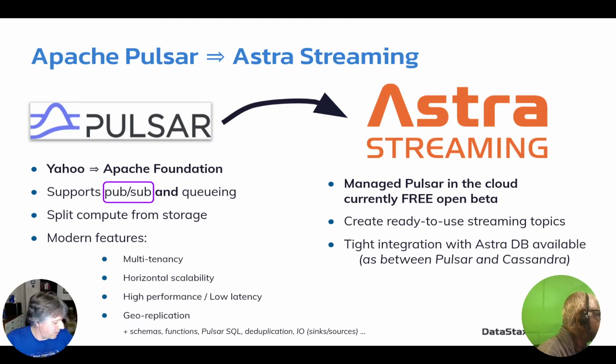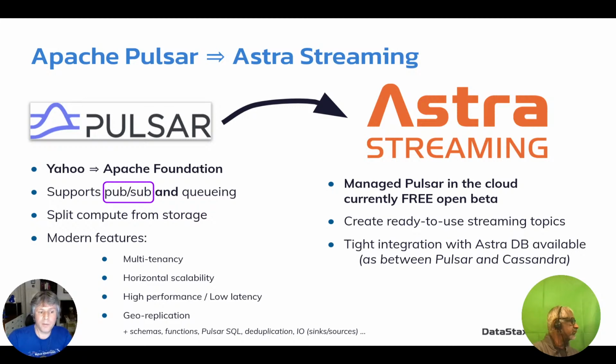Other very cool features of Pulsar are multi-tenancy. I will show that in a second. It's rather easy to scale it horizontally, which is a must in today's world because of cloud native architectures and so on. Indeed, Pulsar has a rich support for Kubernetes deployments.